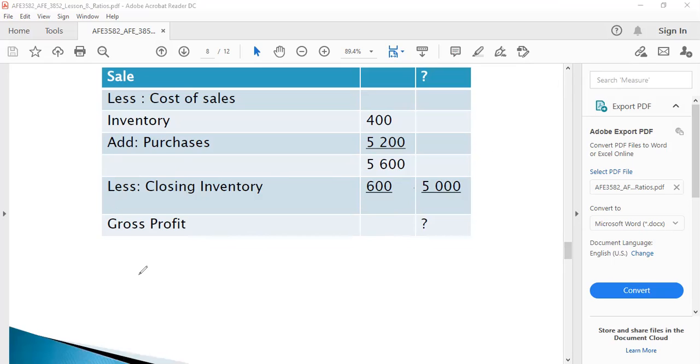So you have sales minus cost of sales equals gross profit.